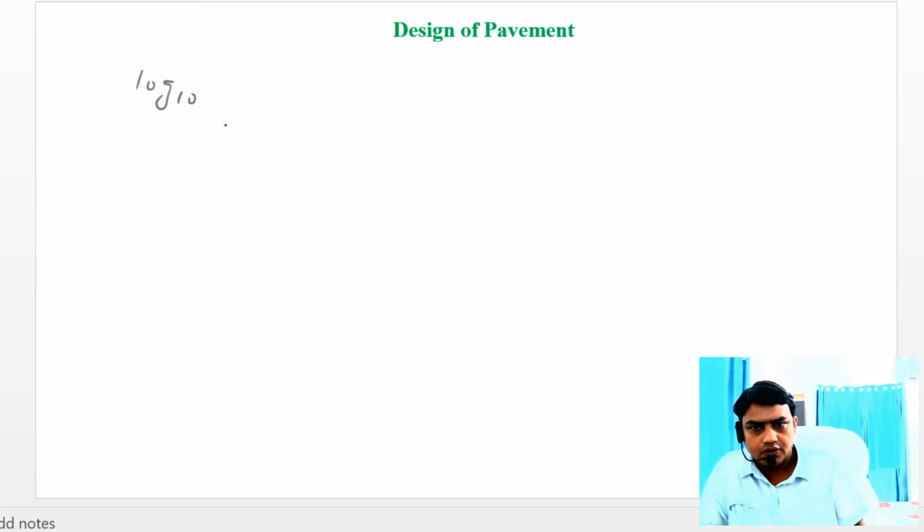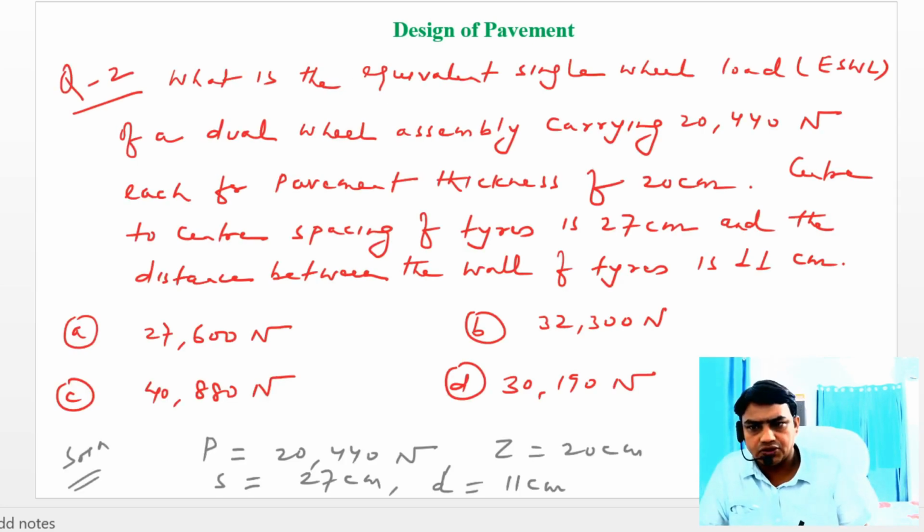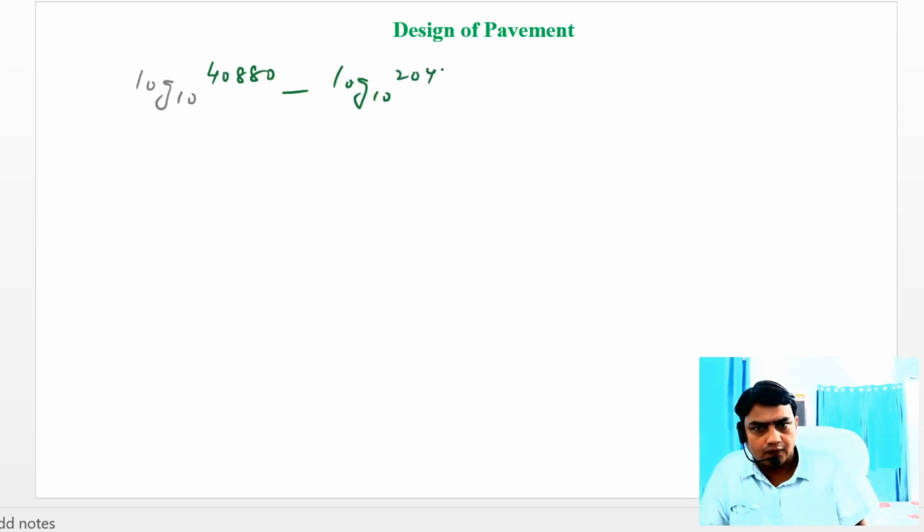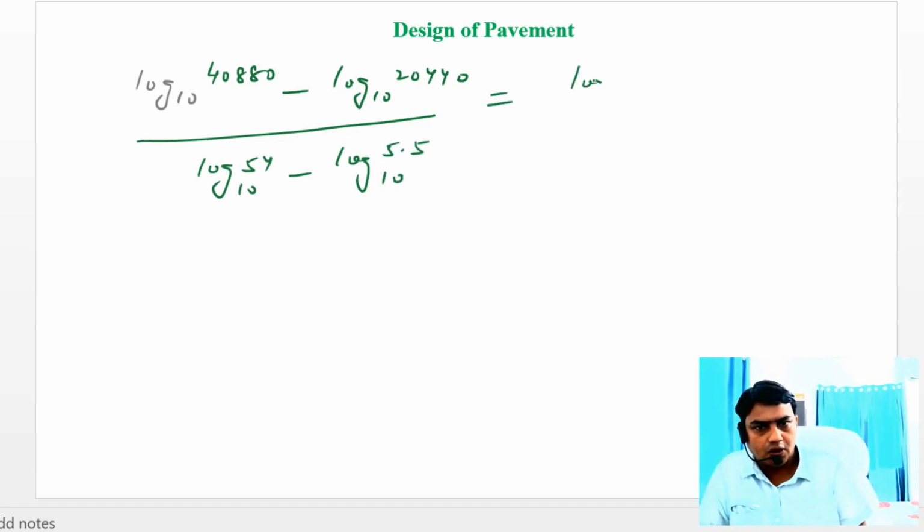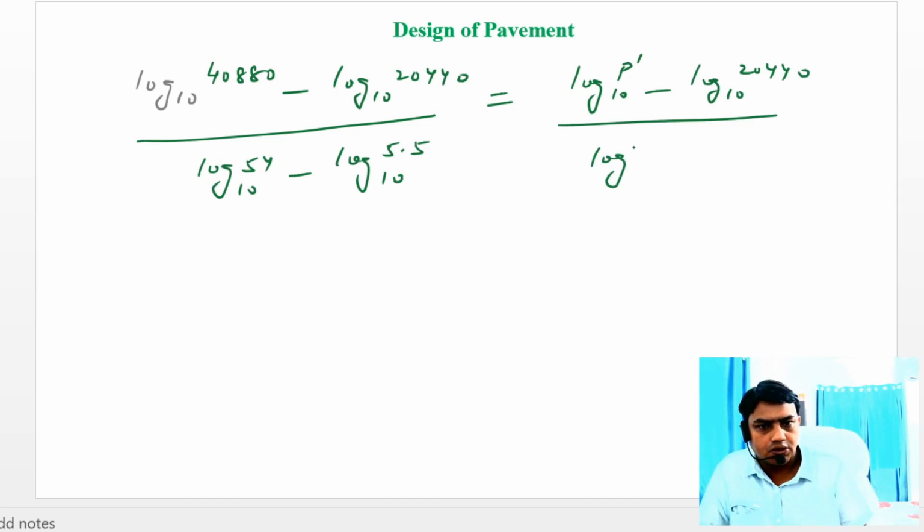So we can write: log 40880 minus log 20440, divided by log 54 to the base 10 minus log 5.5 to the base 10, that is equal to log P dash to the base 10 minus log 20440, divided by log 20 minus log 5.5 to the base 10.